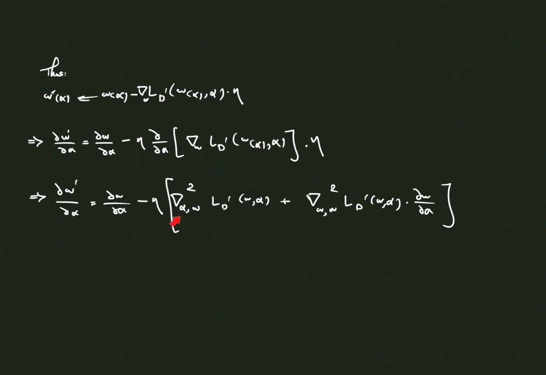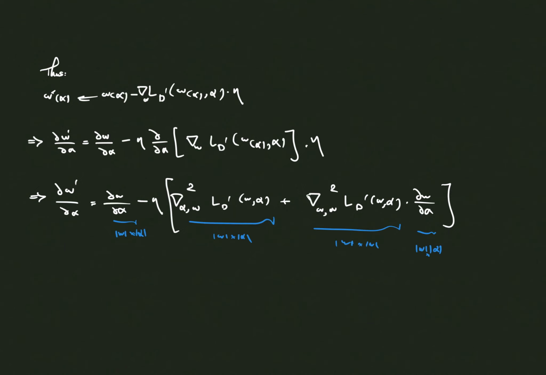And then we would derive it with respect to alpha. So this is going to be this Jacobian right here. And then the next term, this Hessian right here. And then the next thing that we are going to have is this term, which you derive with respect to omega again. So you have this Hessian right here times this term.